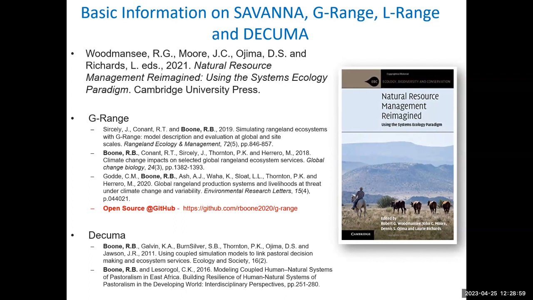G-range has its own history and some really nice journal articles. Also, G-range is already fully open source. In red you can see the GitHub address, so you can download it and start working on it right away. DECUMA has a couple of really nice journal articles and book chapters, and there's more coming from Randy and his group. I'm also trying to get out a paper, so there will be more great stuff on DECUMA.